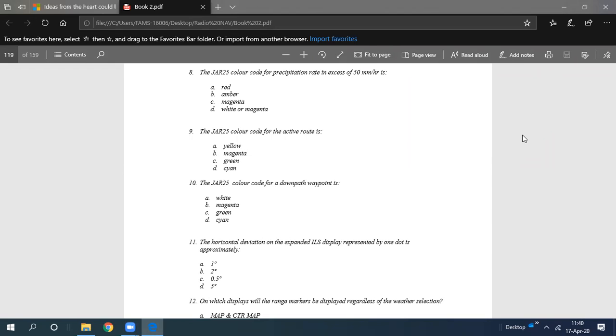Downpath. What is a downpath waypoint? Okay, carry on. Active route.